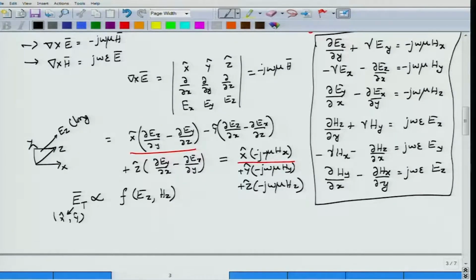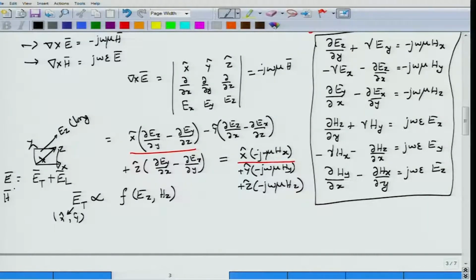So the total electric field can actually be split into transverse and longitudinal components. Longitudinal, only Ez is there. Similarly, you can split H as well into its transverse and longitudinal components.